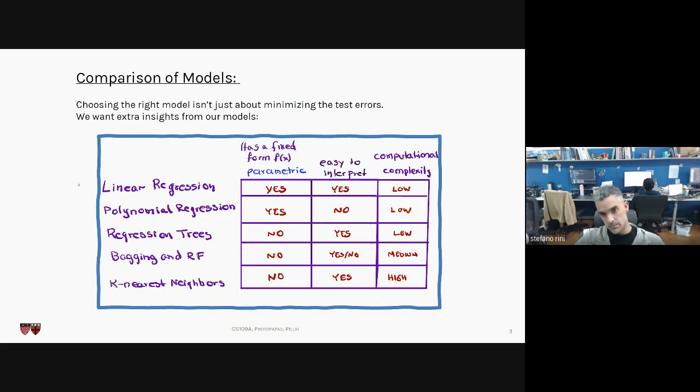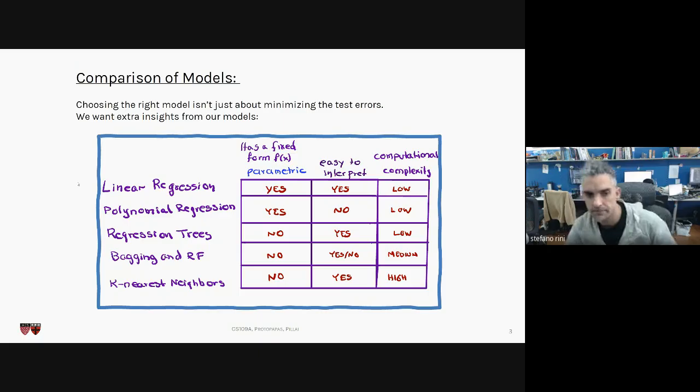Polynomial regression, we said no, because we can increase the number of terms in our model, and we lose interpretability. Let's say that we have the same parameter that appears at multiple powers, right? How can we say that the multiplication of the height times the weight to the power of 3 being associated with a parameter of 0.37 corresponds to a large importance of the weight parameters, right?